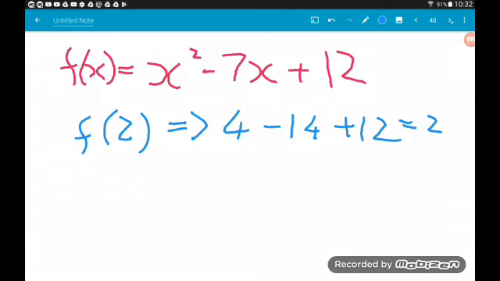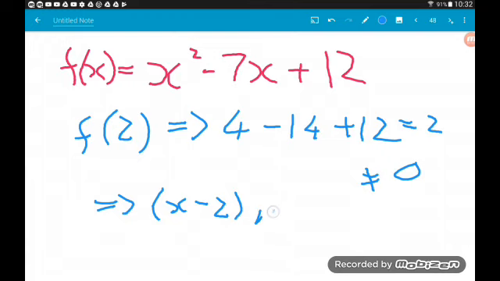Now the important thing there is that that is not equal to 0, so this would imply x minus 2 is not a factor.